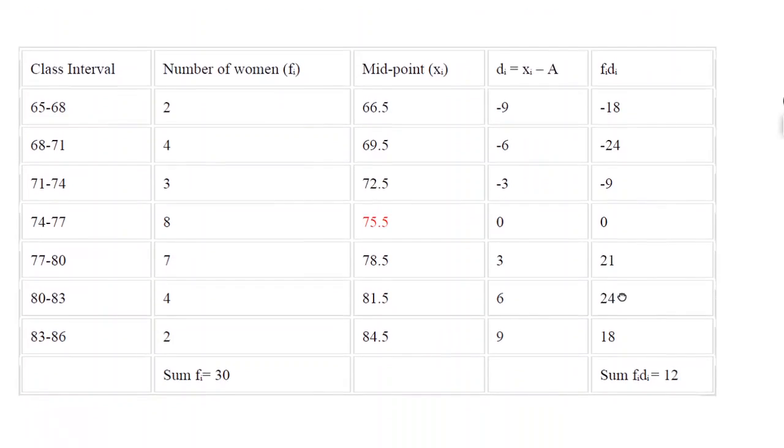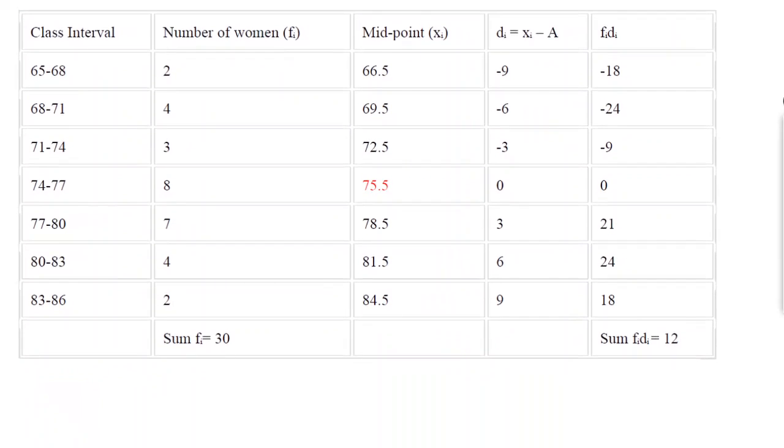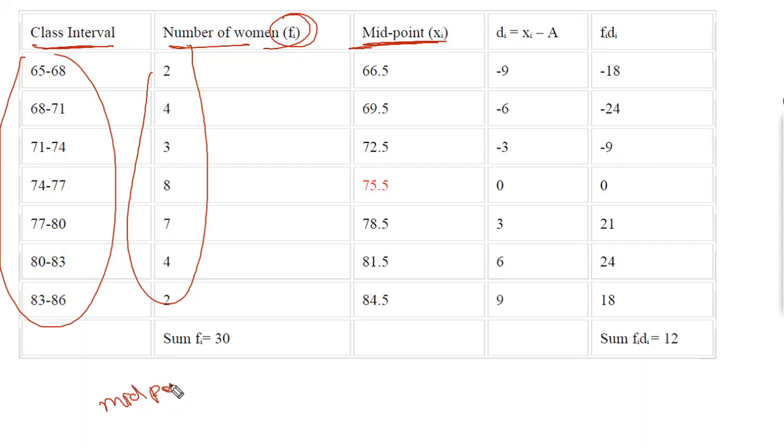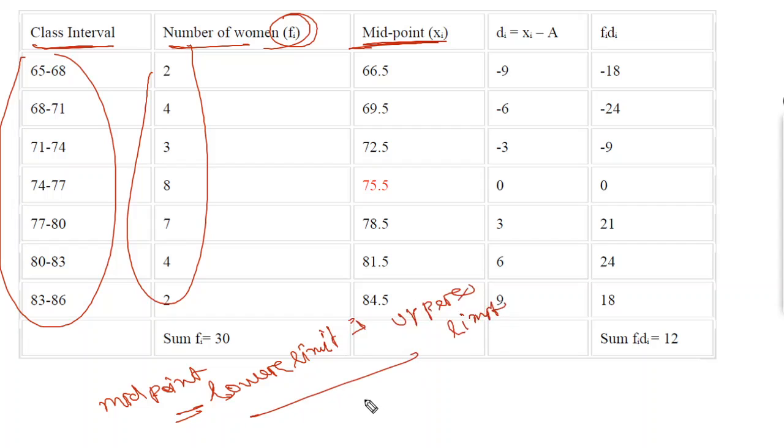Okay, here you have the table. Again, the class interval, we have just copied it. Number of women is the fi, we have also copied it. Now we have to find the midpoint. Please write midpoint equal to lower limit plus upper limit divided by 2.